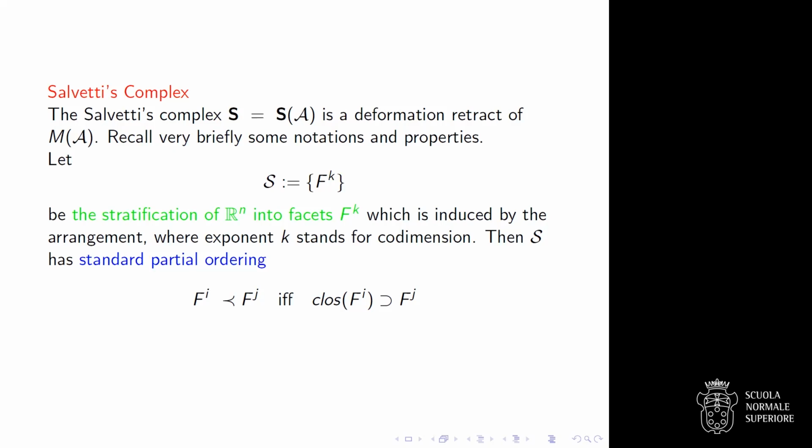If we consider the arrangement inside the real space, this arrangement provides a stratification into what we call facets, and the k stands for the codimension. Then we can order them just by reverse inclusion: F_i is smaller than F_j if and only if the closure of F_i contains F_j.